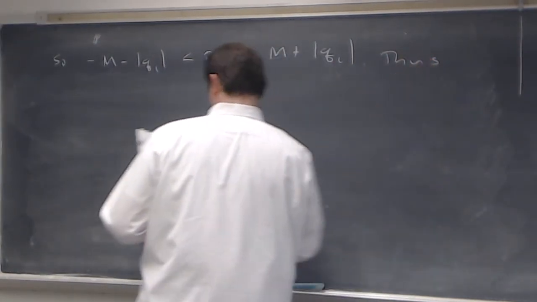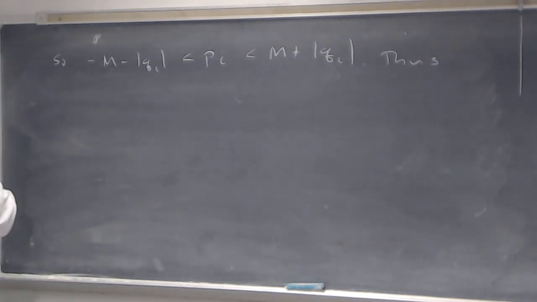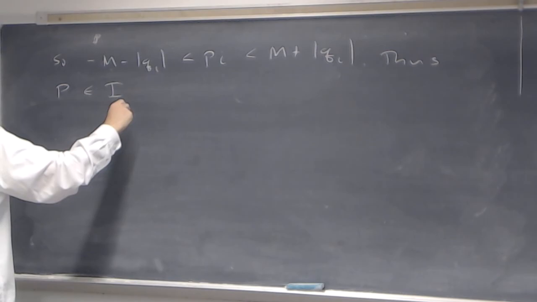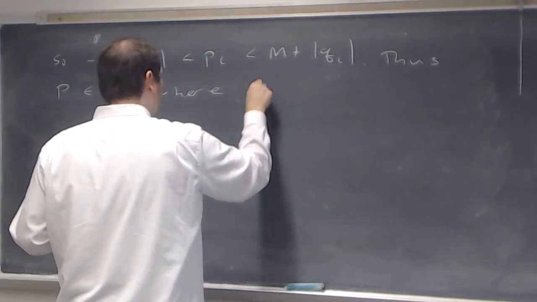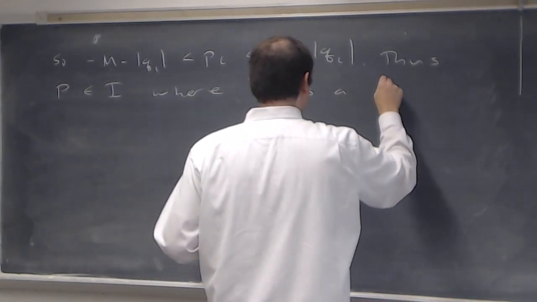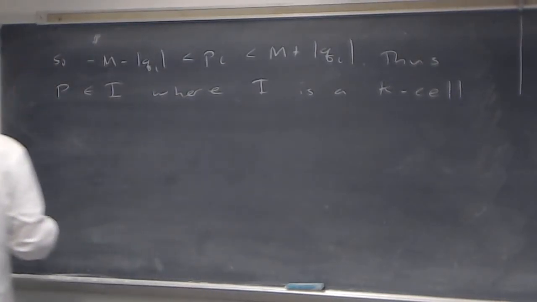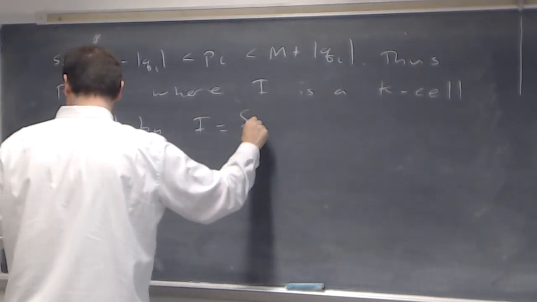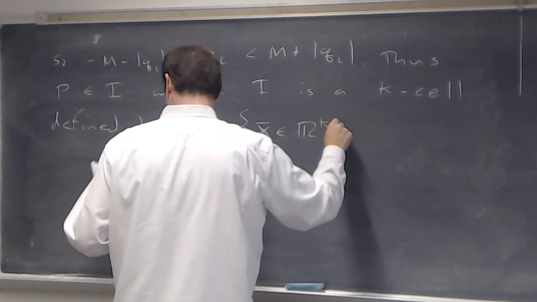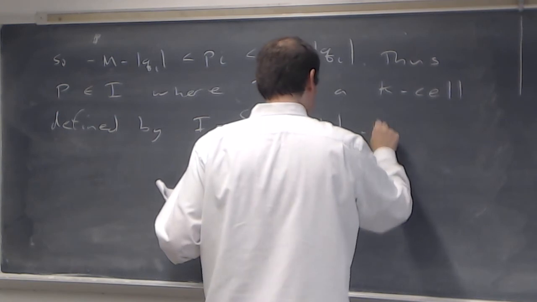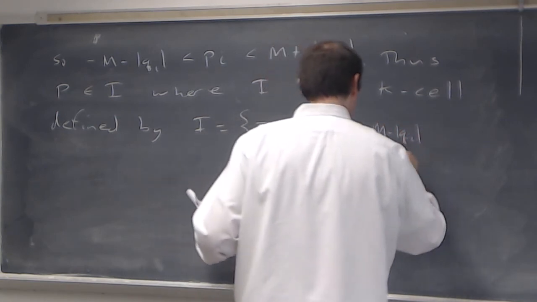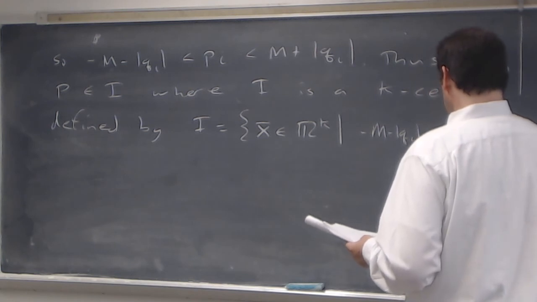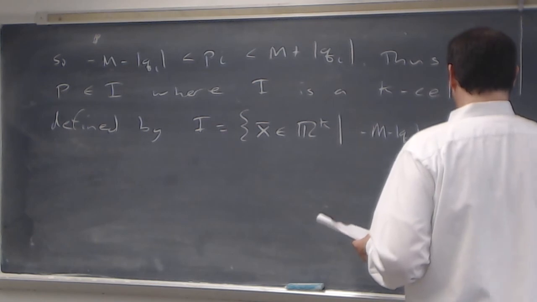Thus, p is an element of I, where I is a k-cell, defined by I equal to the set of all x in R^k such that minus m minus the absolute value of q_i, that's going to be a fixed number because q is fixed, is less than, let's say, x_i, which is less than m plus the absolute value of q_i.